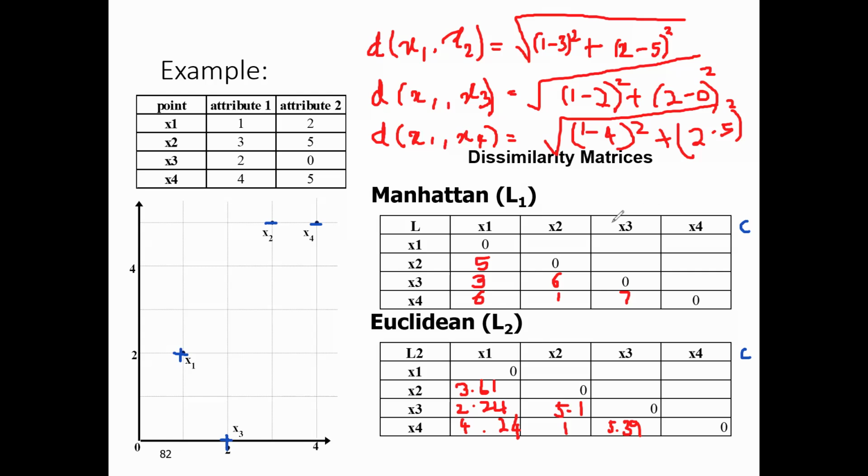So for x1, x2, x3, x4 you have a class label. We know that x1 is positive, x3 also positive, and this is negative.